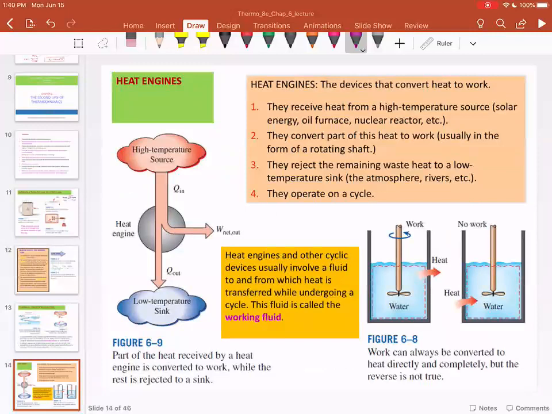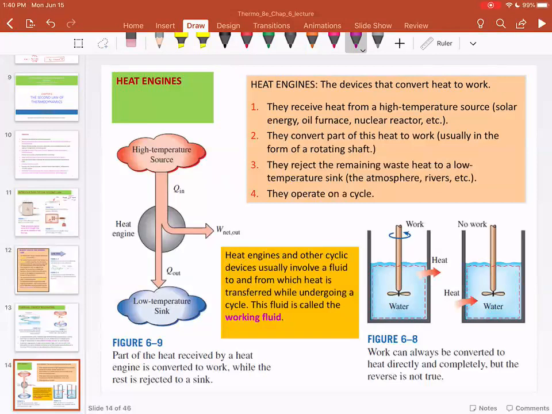Now, here is a classic example. Consider the internal combustion engine, or IC engine, which is the engine used for cars, trucks, generators. That engine is converting heat to work, and that heat to work conversion is achieved by using a working fluid such as air-fuel mixture.